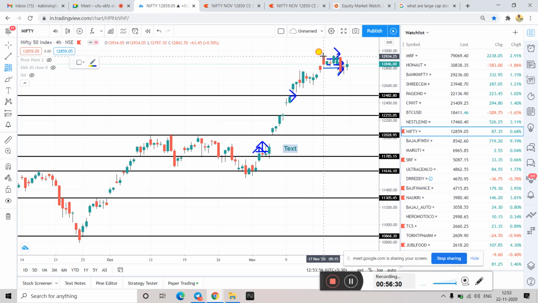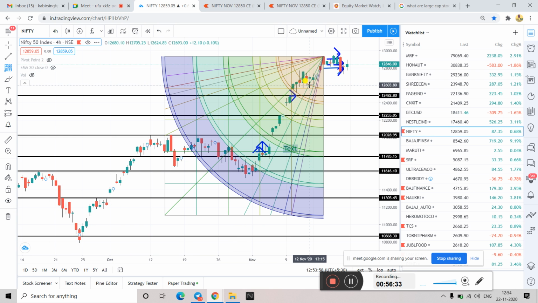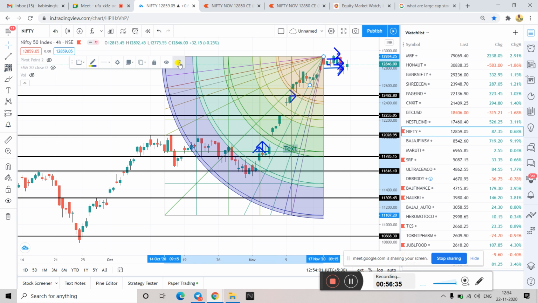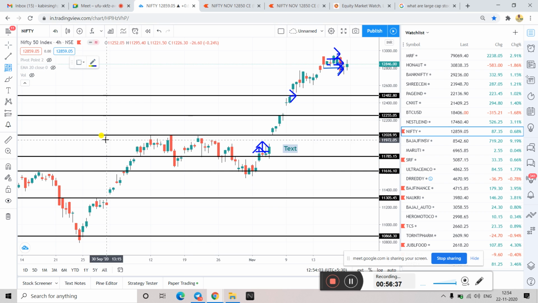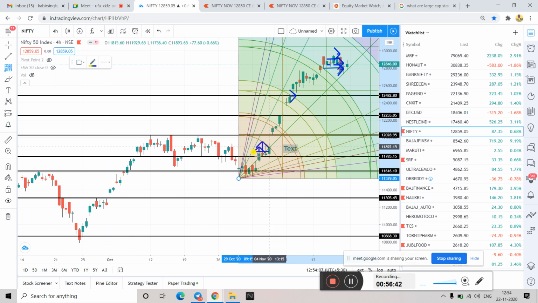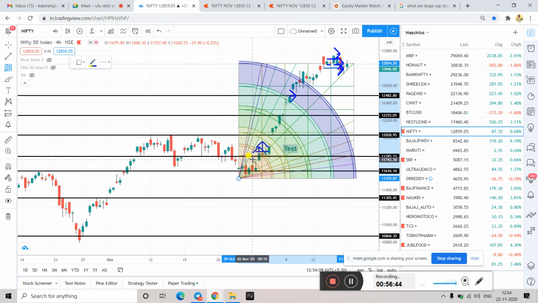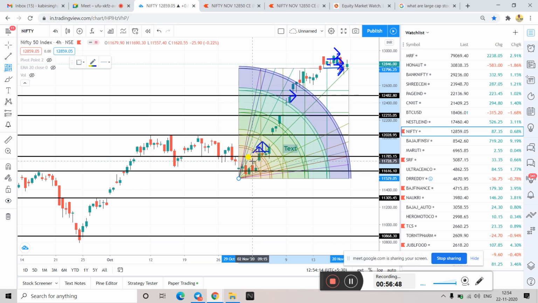So connect these. From the bottom, the price is going up, so you can connect this. The highest line of the GAN should be on the swing high, and the lowest should be at the swing low.